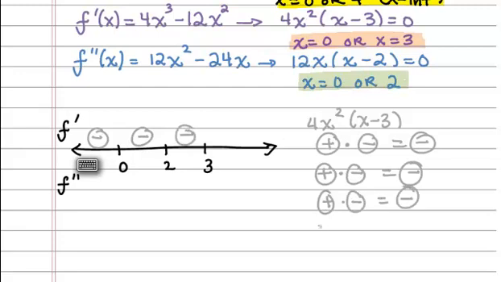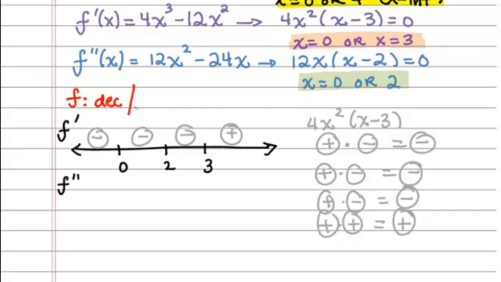And let's plug in a number bigger than 3, so 4, and both of the cases would give me a positive. So therefore, for function f, it will be decreasing because my first derivative is negative, decreasing again, and then finally on the last interval, my function f is increasing because my first derivative was positive in that region.